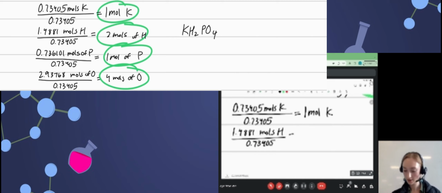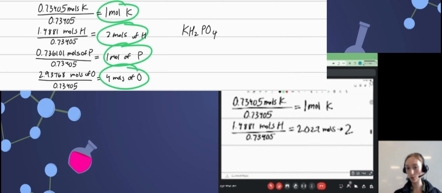We'll get 2.027 moles. And since this is so close to 2, we're going to round to 2. And you'll see that all these numbers will be very, very close to a whole number. It's not going to be very specific because there are a lot of decimal places that we're working with. So we're going to round to the nearest whole number.